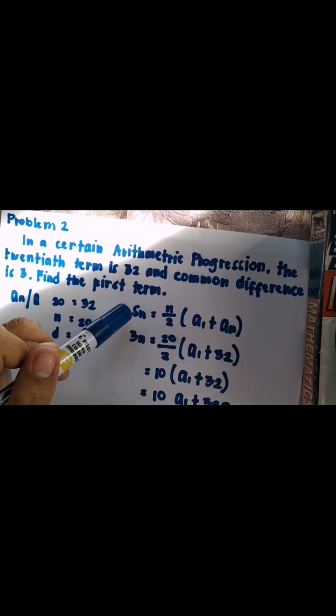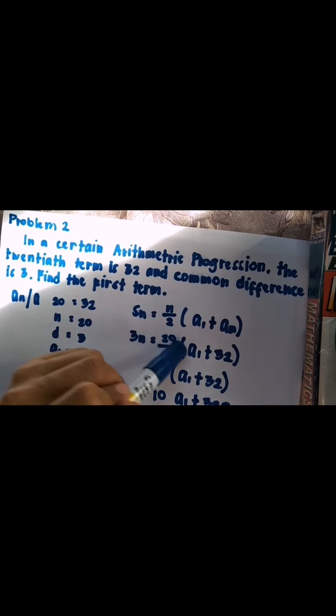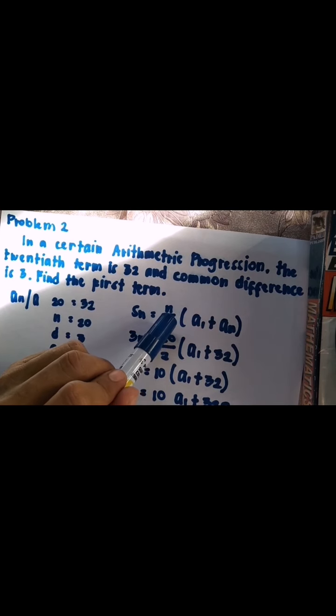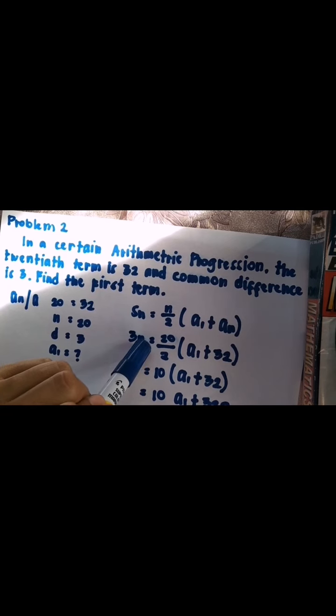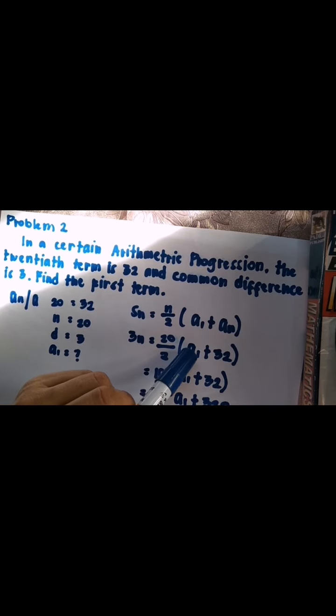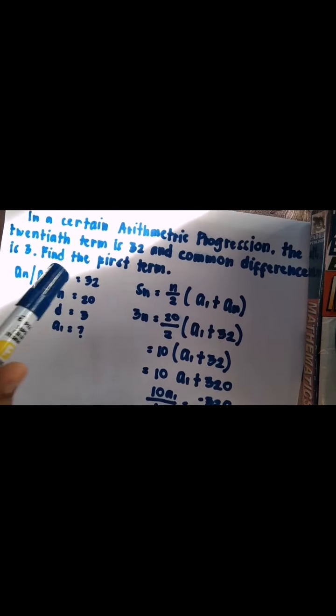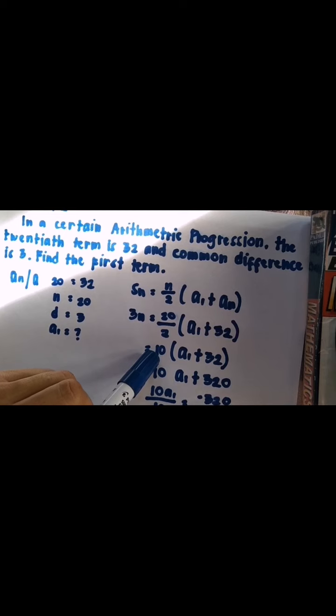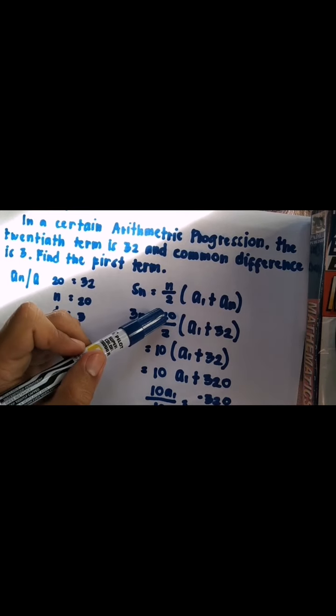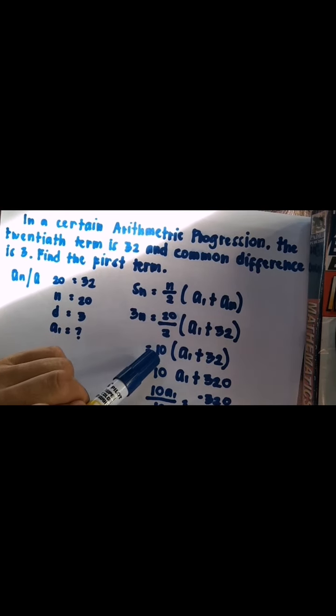Now that we have rewritten it, the sum is equal to 20 over 2 times a sub 1 plus 32. It becomes 10, because 20 divided by 2 is 10.